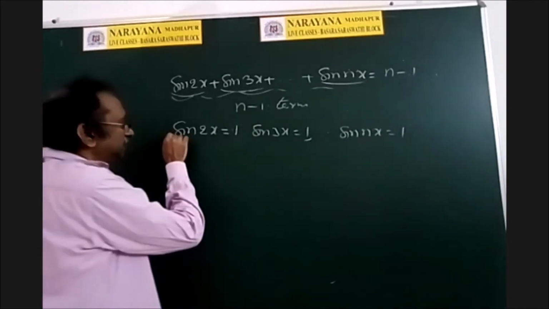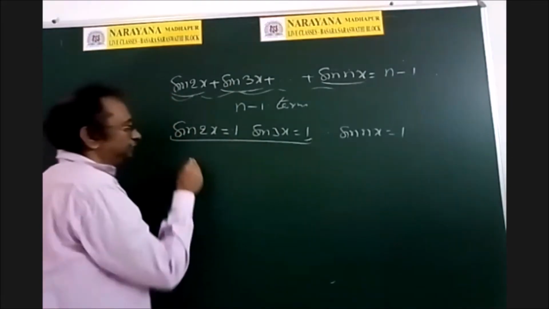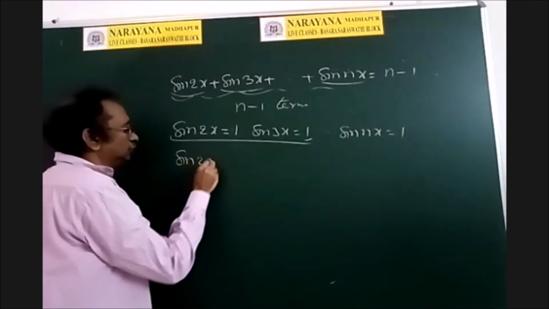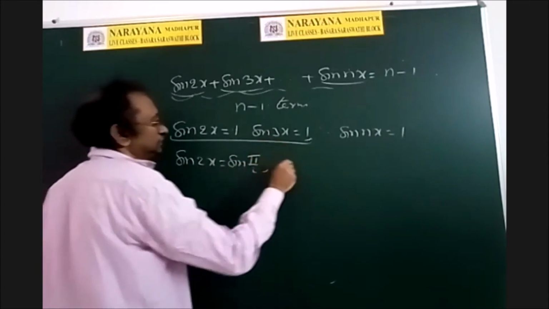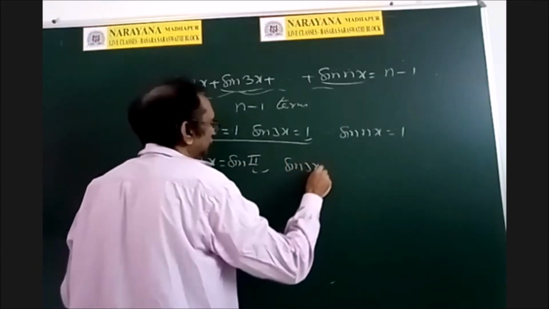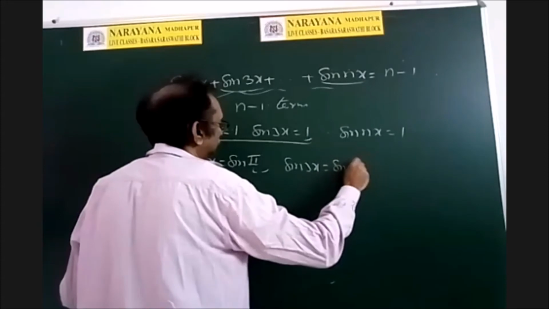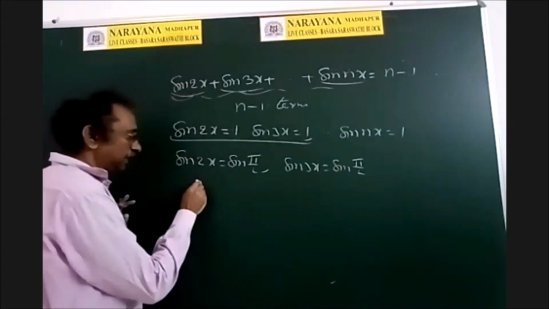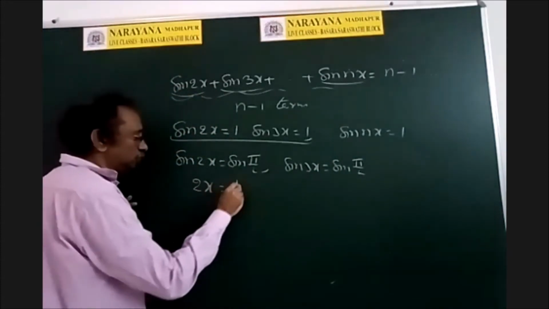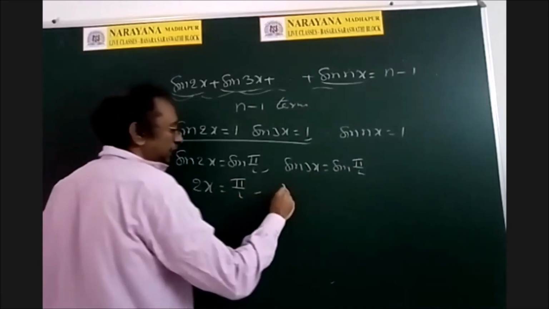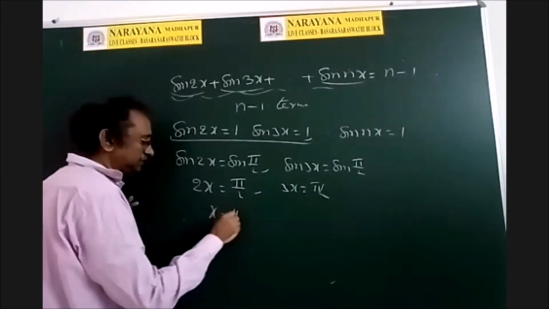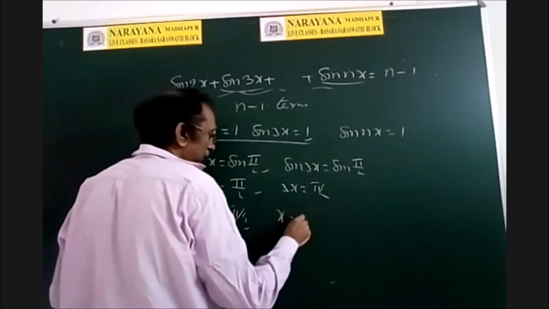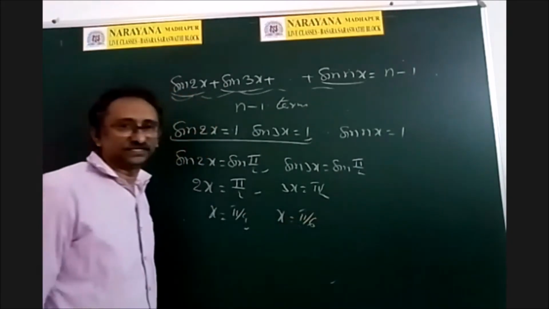Right. See, just see these two solutions only. So sin 2x is equal to 1. 1 means sin pi by 2. Similarly, sin 3x is equal to 1. 1 means sin pi by 2. And therefore, 2x is equal to pi by 2. Here, 3x is equal to pi by 2. Here, x is equal to pi by 4. Here, x is equal to pi by 6.